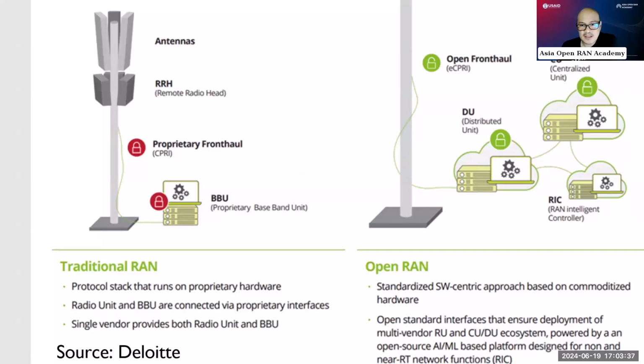Now, in terms of Open RAN, this is a new approach of implementing a radio access network. When we say radio access network, typically it's also known as cell site, and cell sites give us the mobile coverage. The mobile coverage might differ depending on the generation: 2G, 3G, 4G, or 5G.